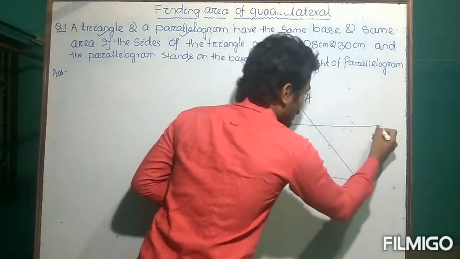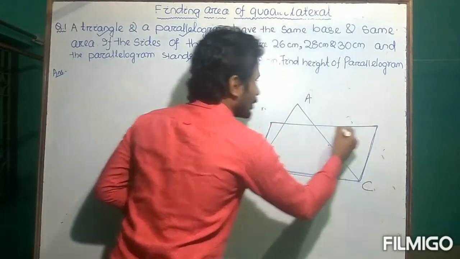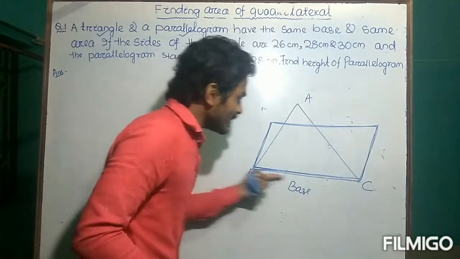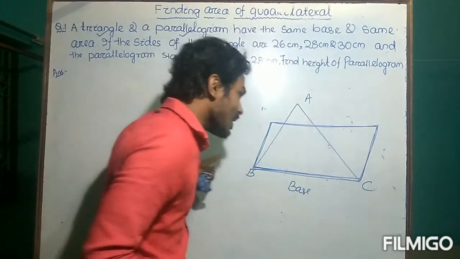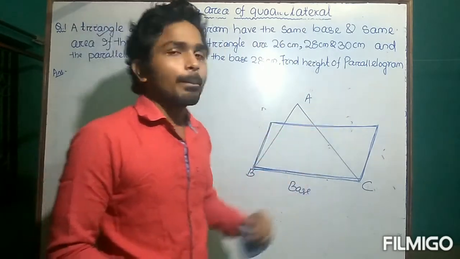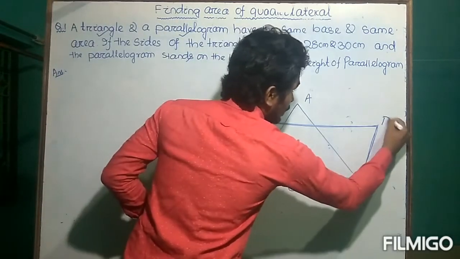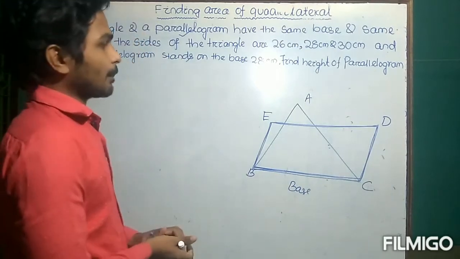This is also a parallelogram, and in this parallelogram the base is BC. Here also the triangle's base is BC. Both the triangle as well as the parallelogram have the base BC. So these are the vertices of the parallelogram.